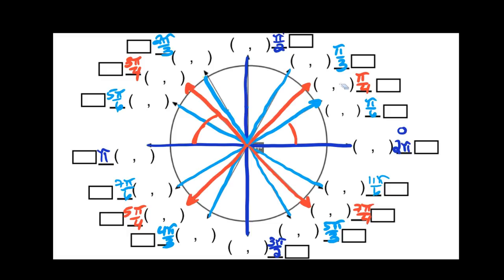You know, do one with the video if you want, do one without the video, then check it, and then wait a little while and try it later tonight or early tomorrow morning and just keep practicing. If you want blank ones to do later on to practice it, do that. But learn the angles first. We'll talk about the points later on because I want you to be able to start visualizing. When I say pi over 6, I want you to be able to visualize this angle right in here. Okay? So that's the goal there, and hopefully this makes sense to you.